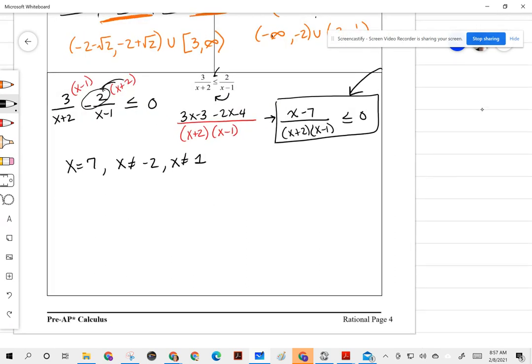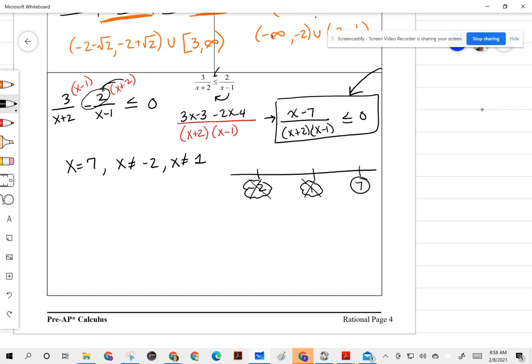So for us, now let's go ahead and do our number line. So we've got -2, exit out. We've got a 1, exit out, and then we've got a 7, and then just circle it. Okay.